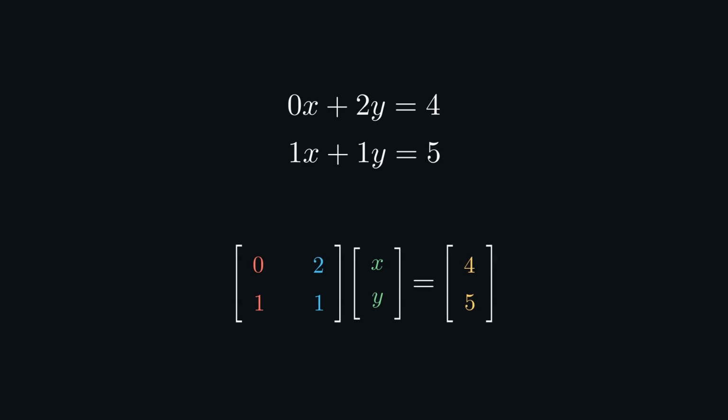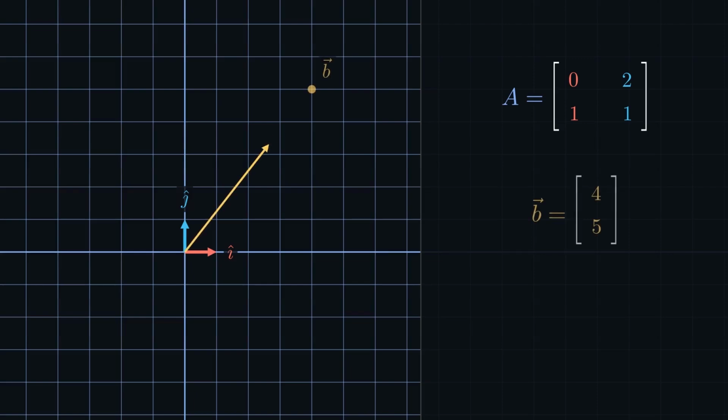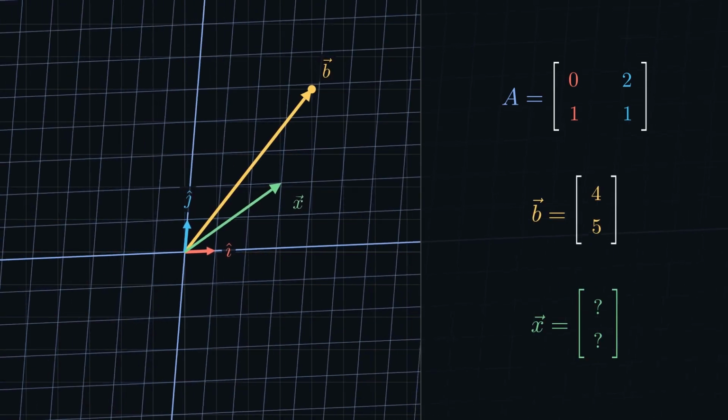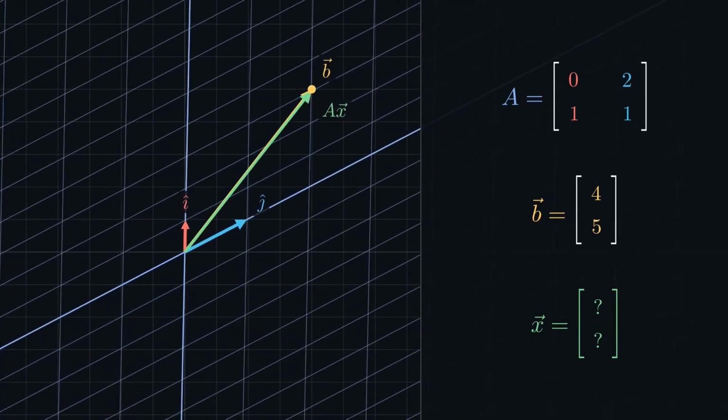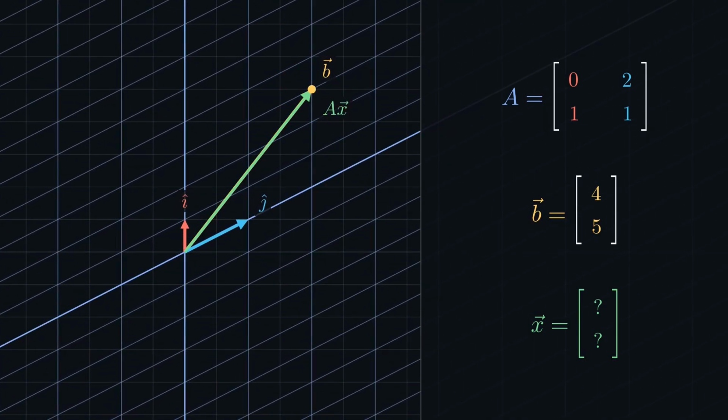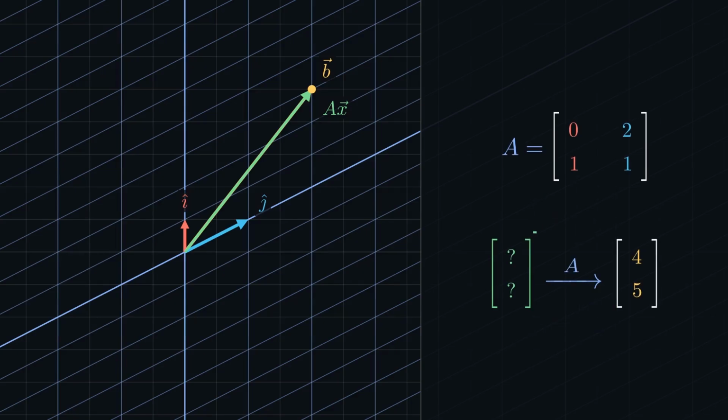Representing this in the form of matrices gives us our geometric understanding of what we're trying to find. We know b, we know A, we don't know x. x, after being transformed by A, goes to b.